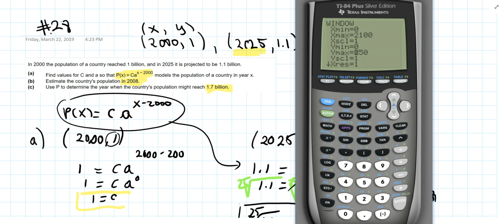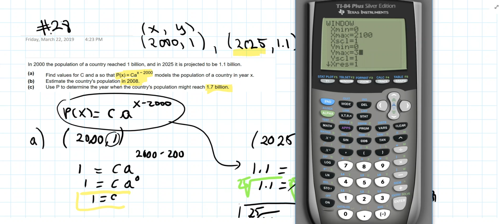And then the Y max, well, this is an exponential growth that starts at 1 billion, right? And I want to see when it reaches 1.7 billion. So I should at least look at up to 3 billion so that I see the 1.7.